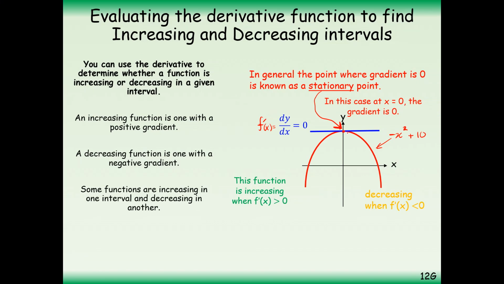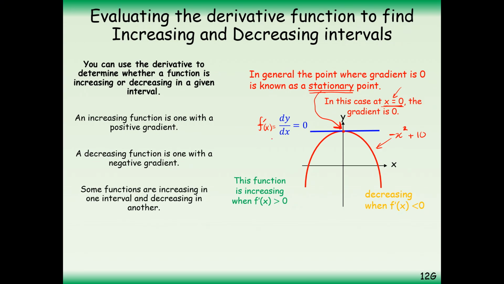So the y value here is 10. So a stationary point is just telling us about the gradient of the function being zero. We can figure out later at what values it will be zero.